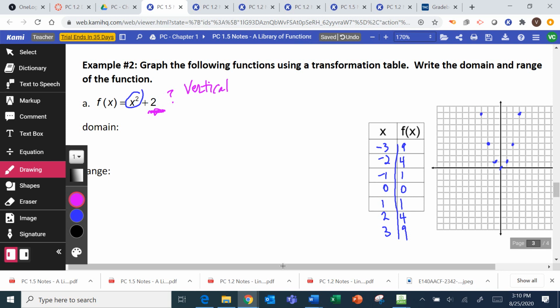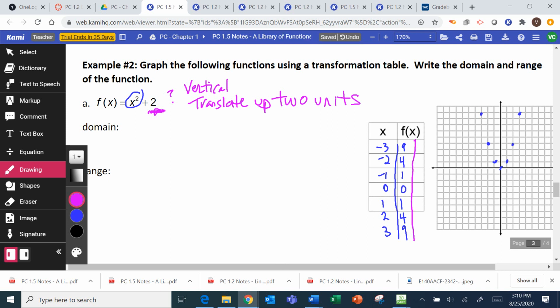It's not part of the squared, which the function is squared. Since it's plus 2, that means we're going to translate up 2 units.